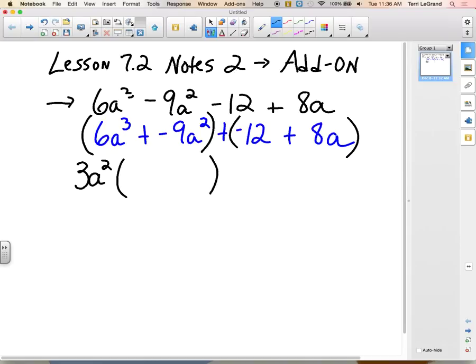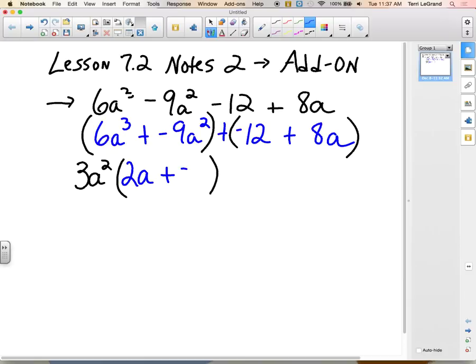And now what's the result after we would divide that out? And if you need to show the division, do that. If you can do it up here, then you do not have to show that. So 6 divided by 3, 2. A cubed divided by a squared, a. Okay, so after we take 6a cubed and divide out that 3a squared, our result is 2a plus negative 9 divided by 3, negative 3.